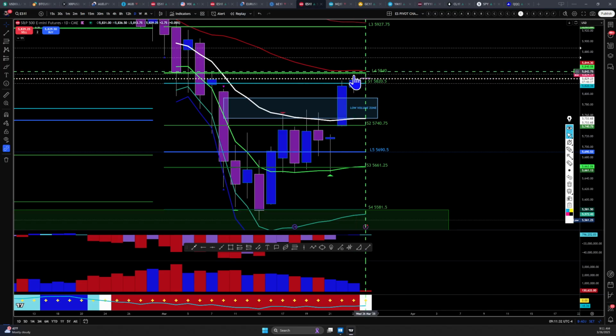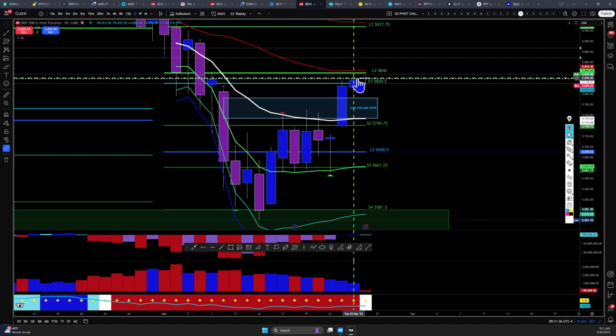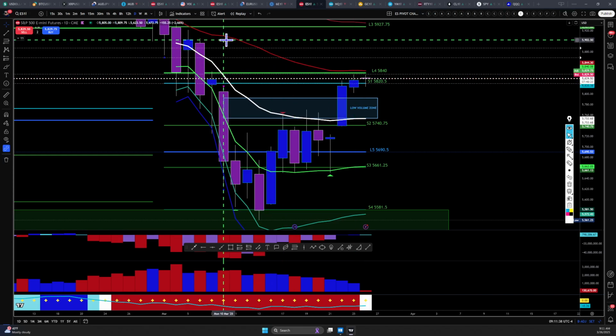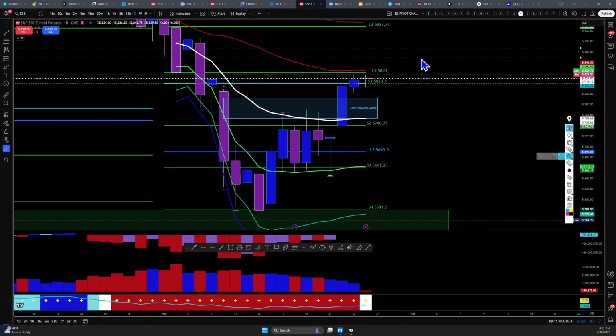So it's a whole resistance-correlating level. Within this level we have the first upper deviation, that red line, Camarilla S4 as support turned resistance, and floor pivot S1 as support turned resistance. These are monthly levels.